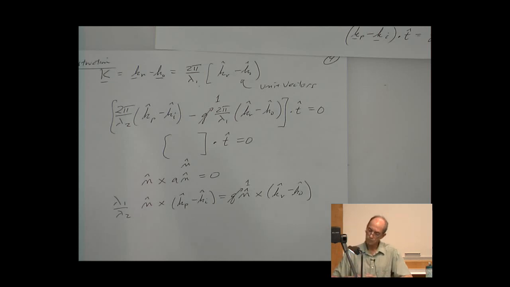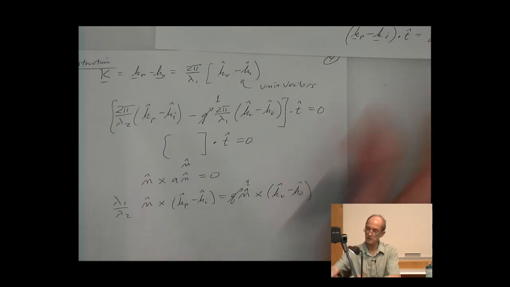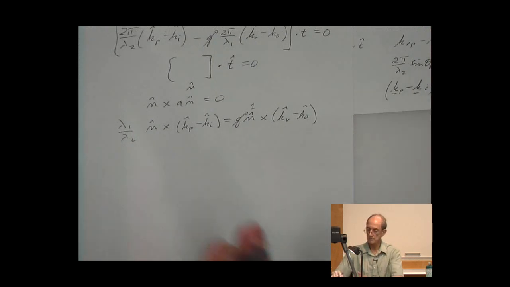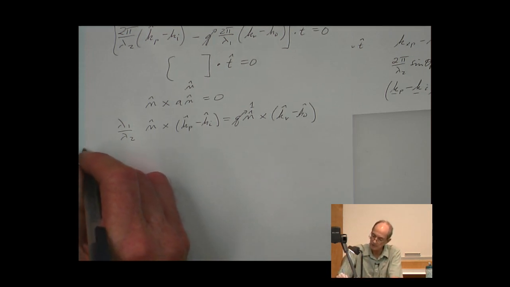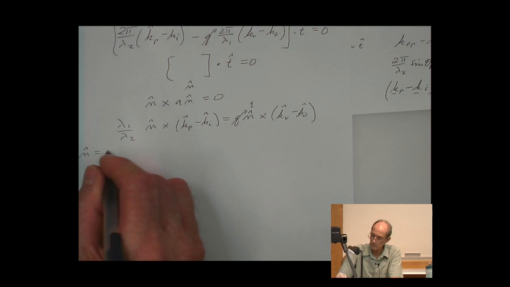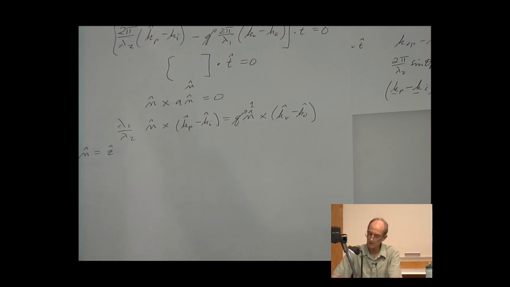So we now have this vector relationship, and this form will be useful if we're looking at an arbitrary surface. But for now, let's make it a little simpler and let n equal the z direction.